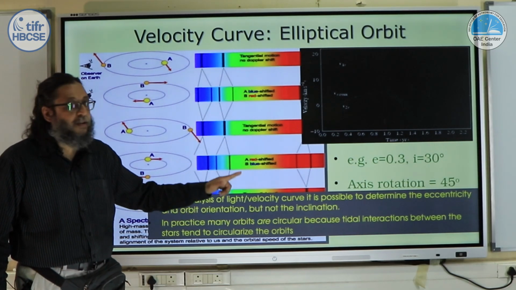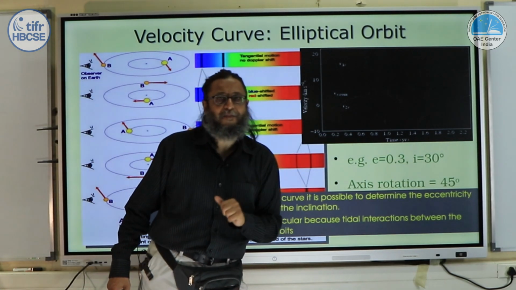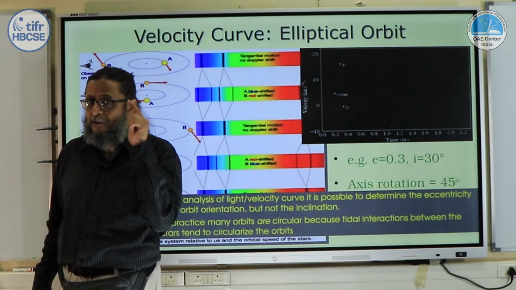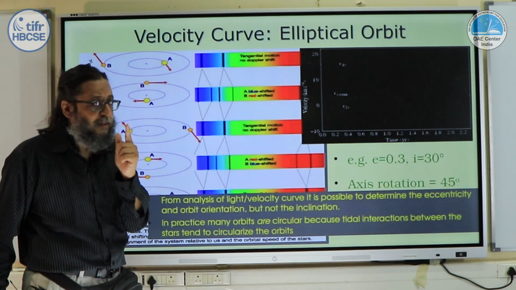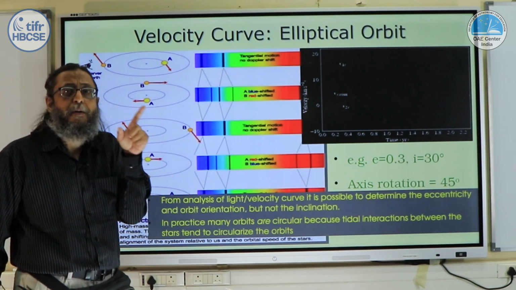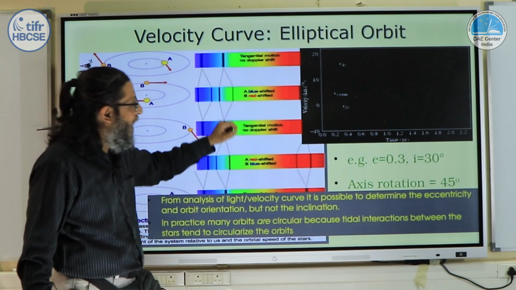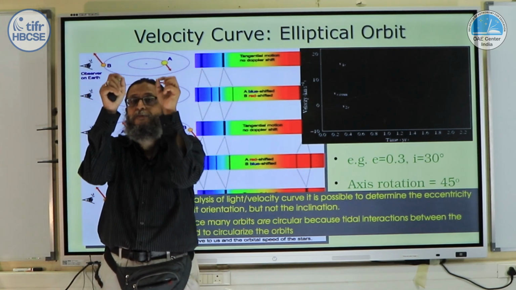Okay, but understand, we cannot measure the inclination. This is something you have to drill. When it comes to measuring the quantities of binary parameters directly, we can measure the eccentricity even if we do not see the two objects.